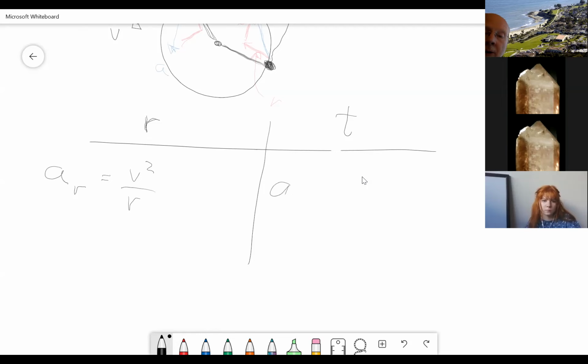The other piece, the tangential piece, is related to the change in the speed and then the time taken for that change. Okay? And they gave us those.